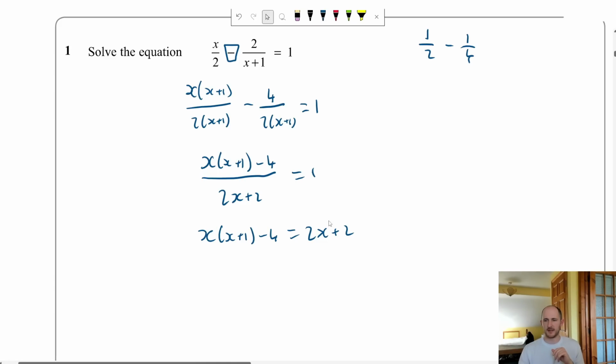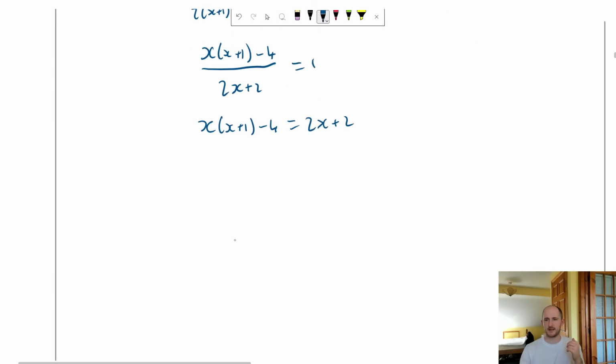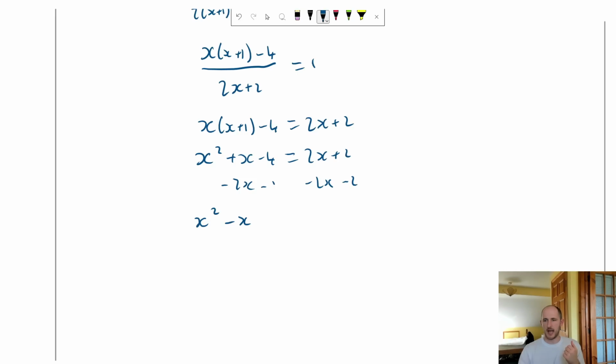So timesing this up is just an equation with a bunch of x's, so expand the brackets, we get x squared plus x minus 4 equals 2x plus 2. I'm going to minus 2x on both sides. So the x squared is not going to change. x minus 2x is of course negative x. Then I'm going to minus 2 from both sides. And we get x squared minus x minus 6 equals 0.